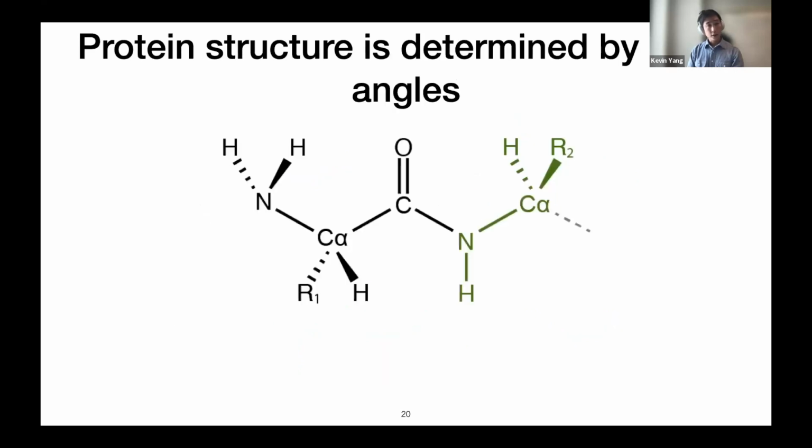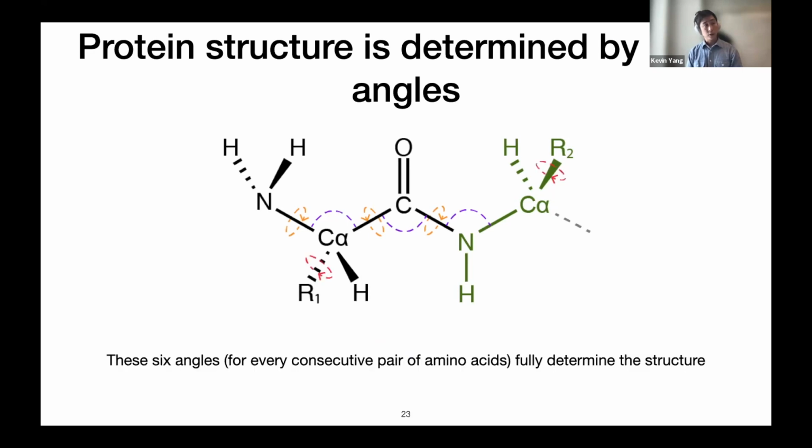And the structure is determined by the bond angles of these residues. And which bond angles, what do I mean by that? So you can rotate these bonds that I've highlighted in orange. You can change these dihedral angles here that I've highlighted in purple.